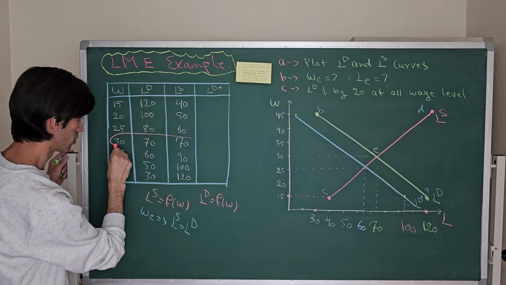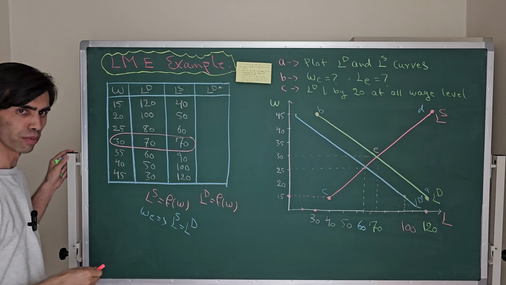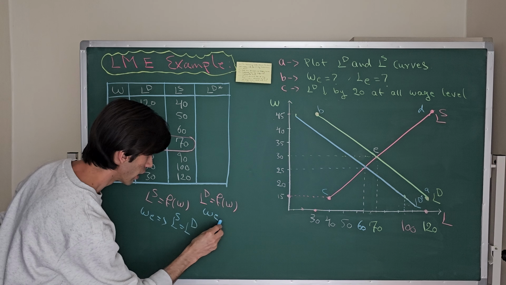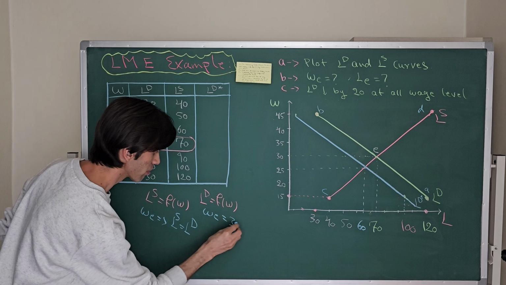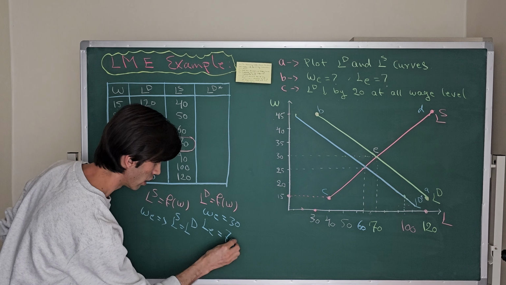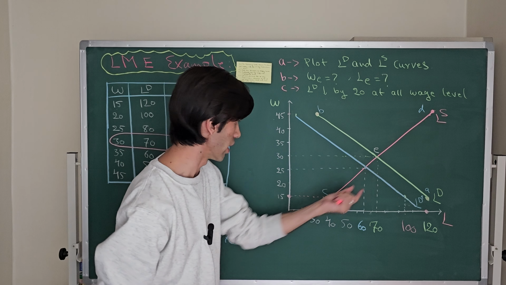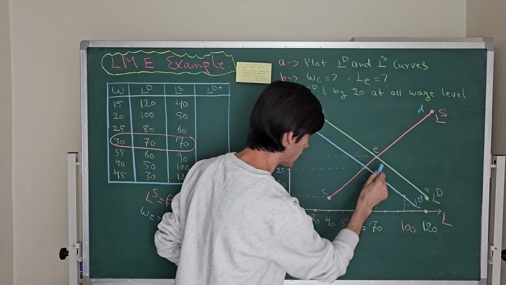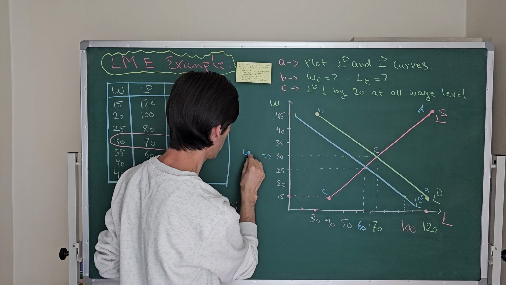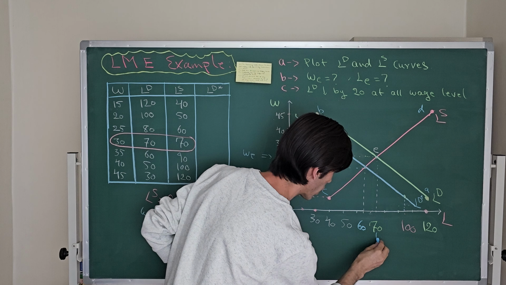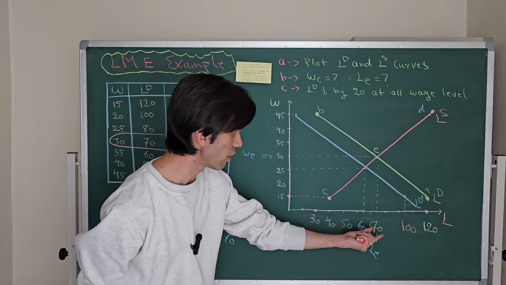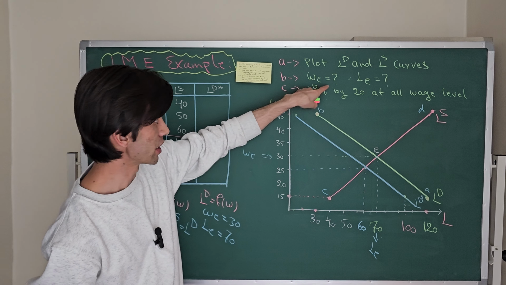So this is the equilibrium level. The equilibrium wage level, WE, is equal to 30, and the equilibrium quantity is equal to 70. Also, we can show this point graphically. At point E, the wage level WE is 30, and LE, the equilibrium quantity of labor, is 70. So this is the second.